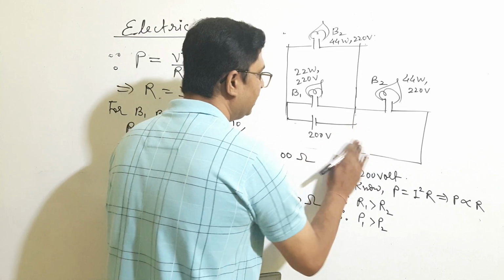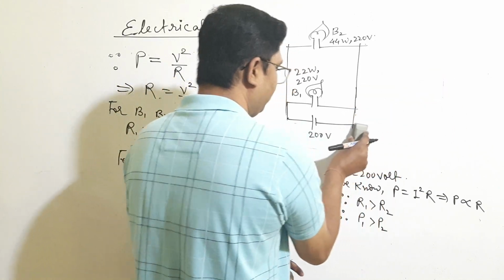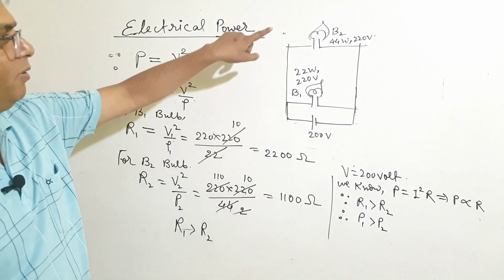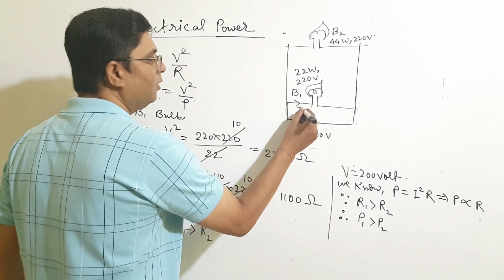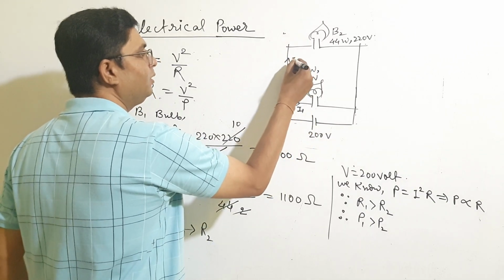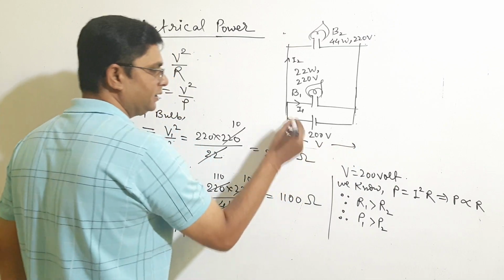Now in this diagram, the current here is I1 and the current here is I2, but the potential V is the same for both.